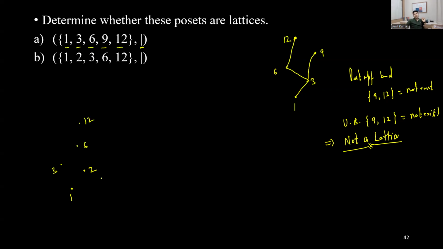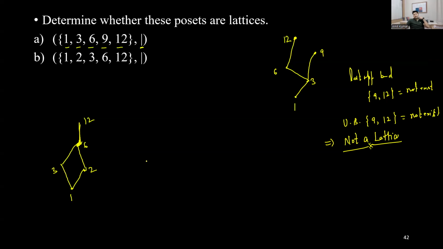So this is the position I decided. 1 divides 2, yes. 2 divides 6. 6 divides 12. 1 divides 3. 3 divides 6. 6 divides 12. Final Hasse diagram. Now there is no reflexive edge, no transitive edge. So this is the Hasse diagram.